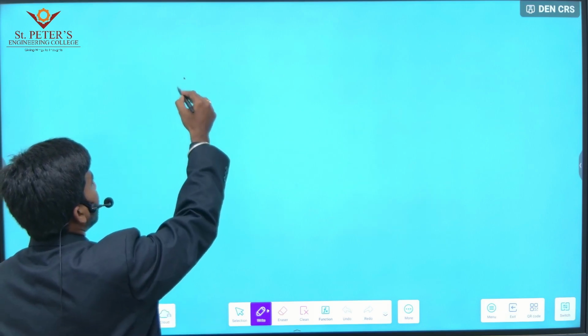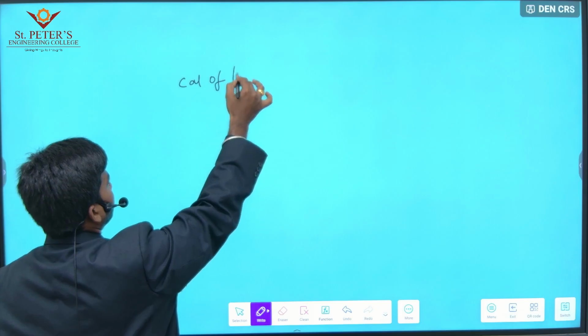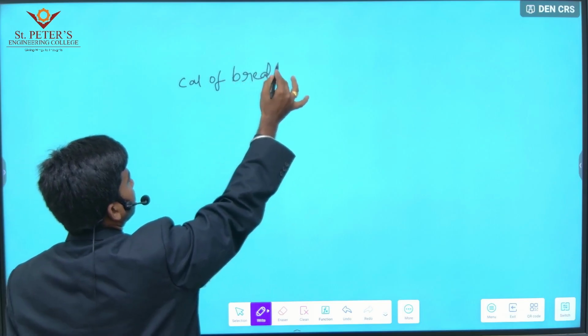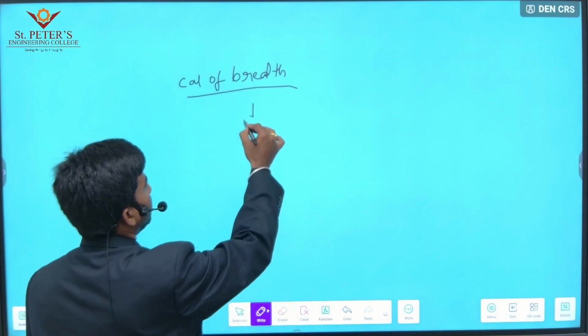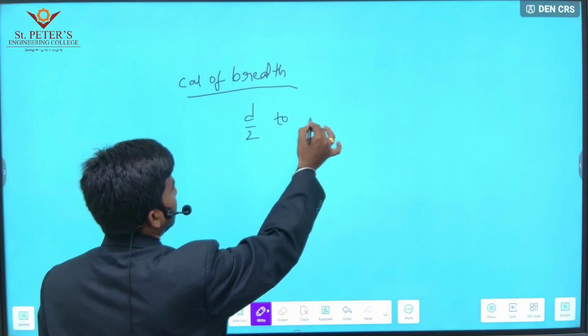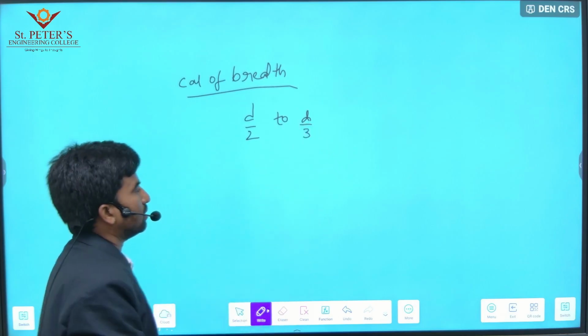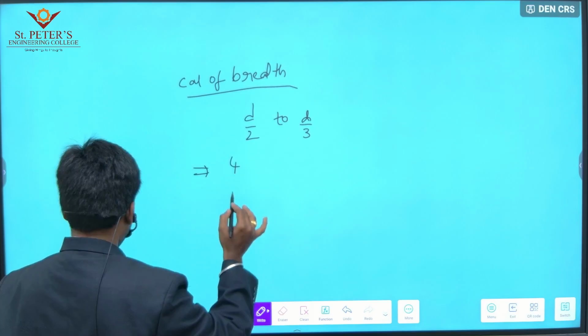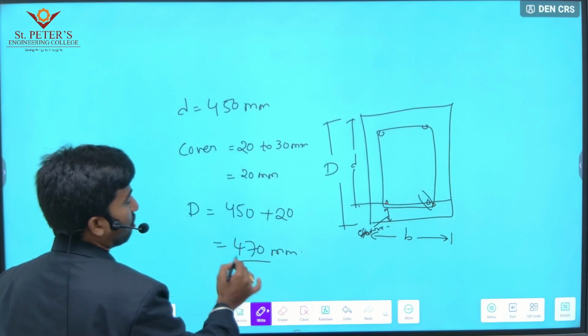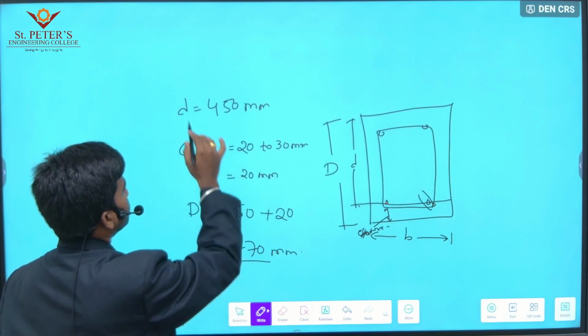And next one is calculation of breadth. This is based on the depth value, so d by 2 to d by 3. This is the overall depth and this is small d.